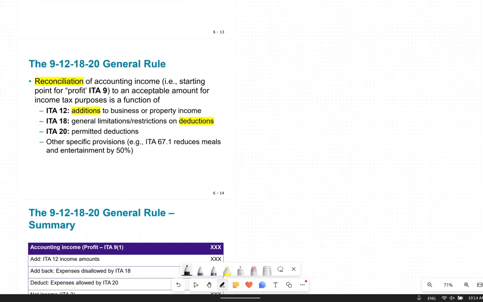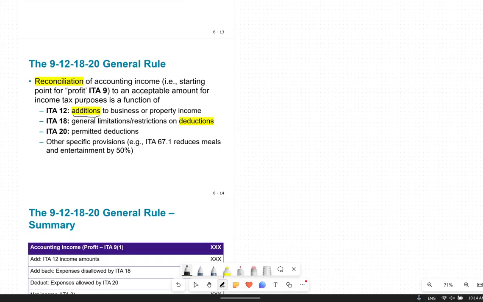So when we think of general rules, reconciliation of accounting income to an acceptable amount for income tax purposes is a function.